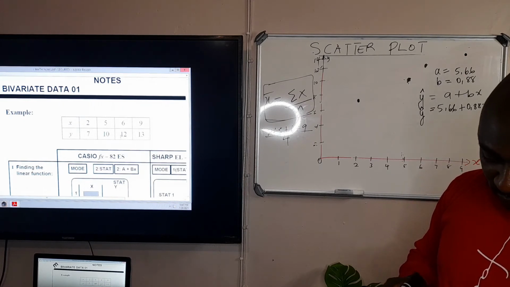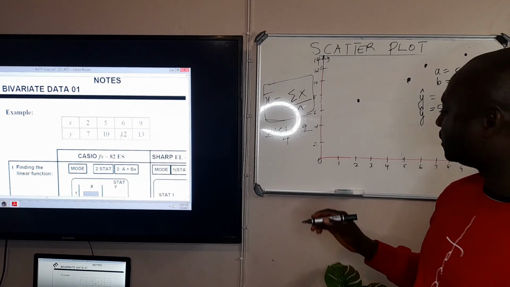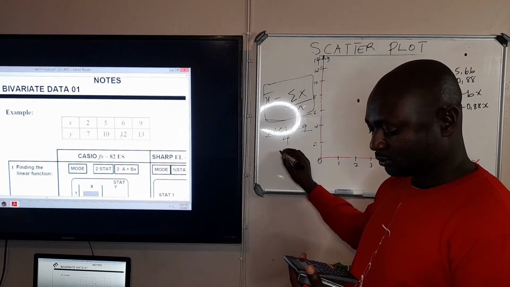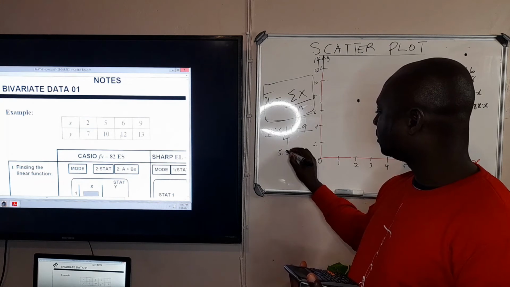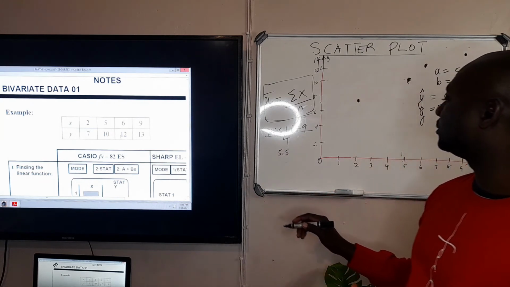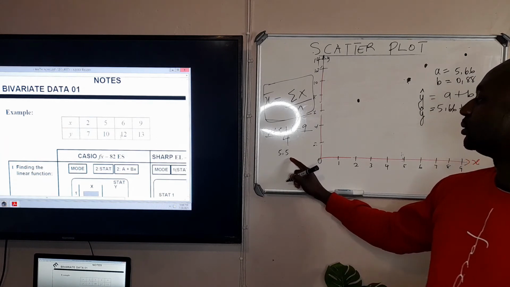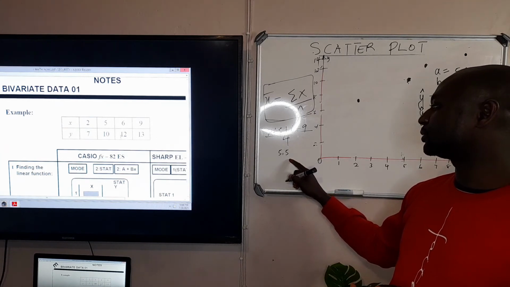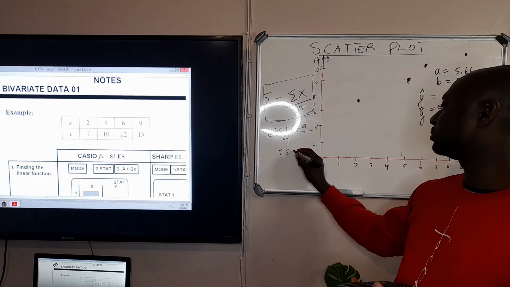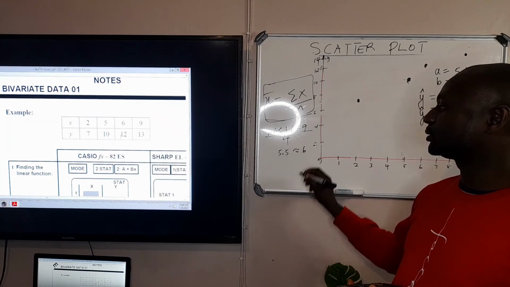The answer is 5,5. So we got 5,5 for the x value, which is almost equivalent to 6. So let's say the approximation is 6.